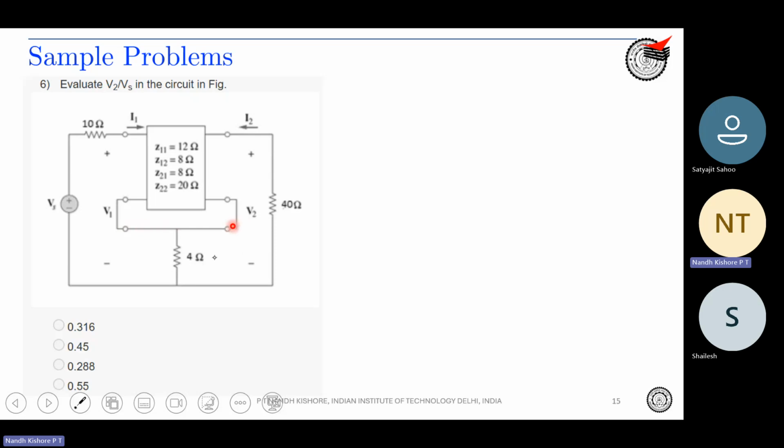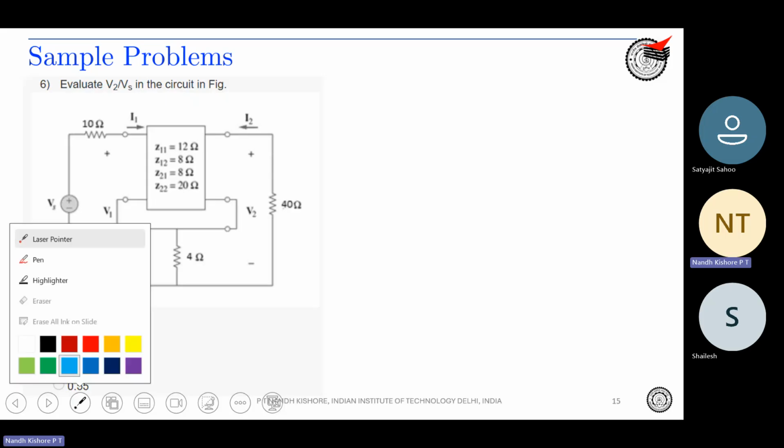One thing to note is that the output of the two-port network is not directly grounded. It is connected to ground through a common 4 ohms resistor. So this 4 ohms resistor should not be forgotten. And the question is find V2 by Vs, that is the voltage ratio.